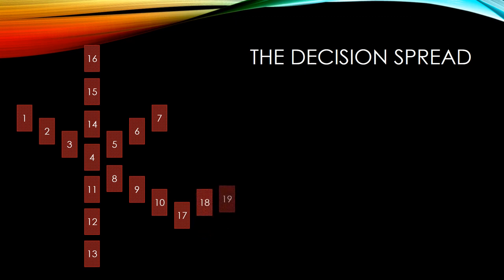Another interesting thing about this spread is you can take it to the next decision point at the probable outcome and see what branches off from there, treating that probable outcome as a point at which they need to make another decision. And then you read 21, 22, and 23, again, as external influences, hopes and fears, and probable outcome.